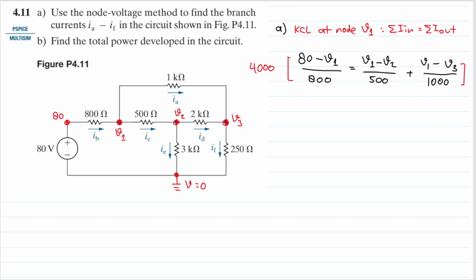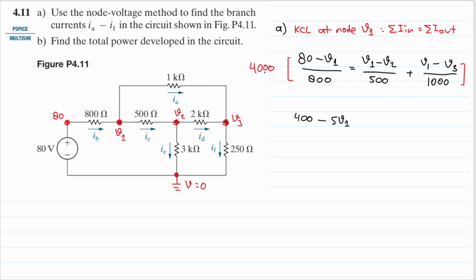So we will have 5 multiplied by 80 is just 400, so we'll have 400 minus 5 V1. That will cancel into 5, right? So we'll have 5 V1.